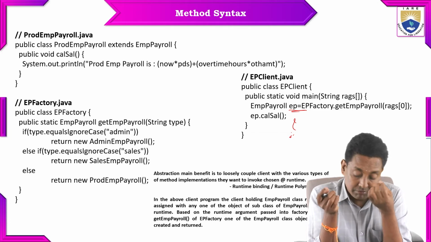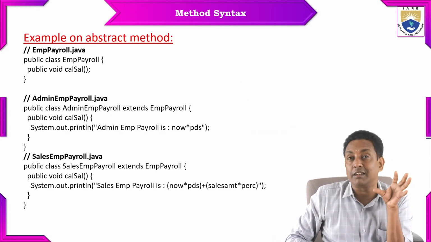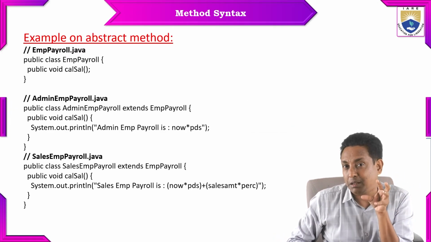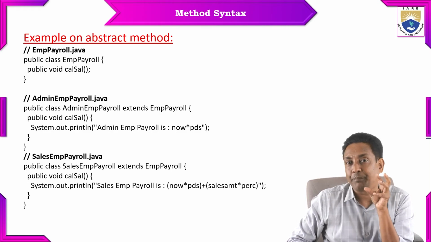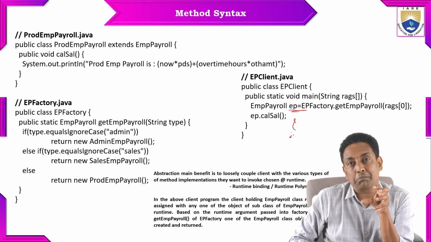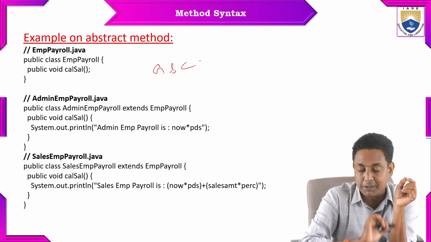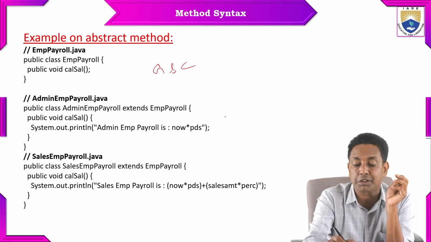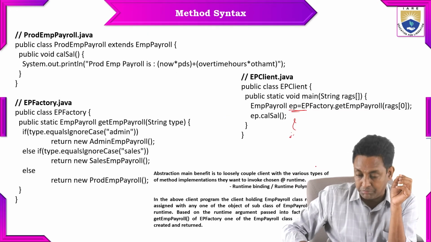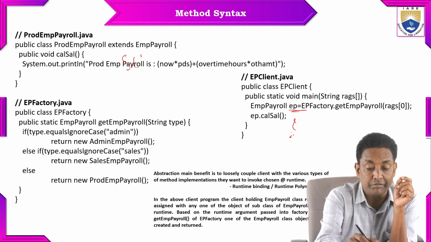For that, this is called an abstraction example. In this abstraction example, we have one abstract superclass with subclass 1, subclass 2, subclass 3.